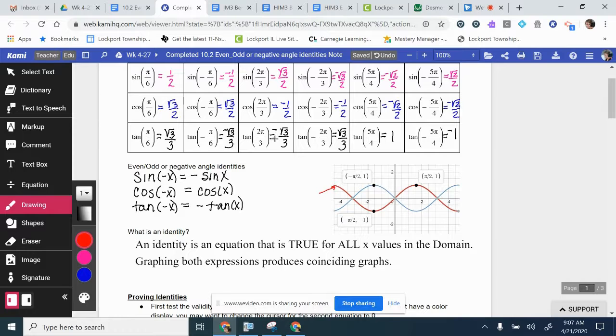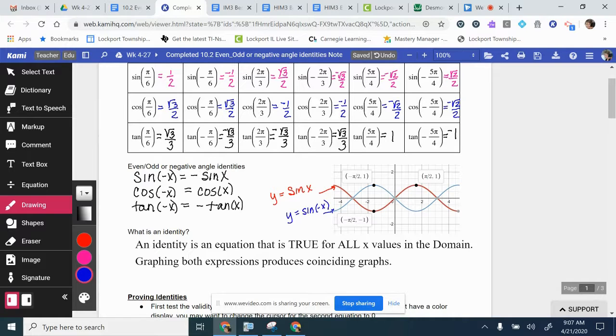We know here we've got our y equals sine of x. And then our second graph here is y equals the sine of negative x.